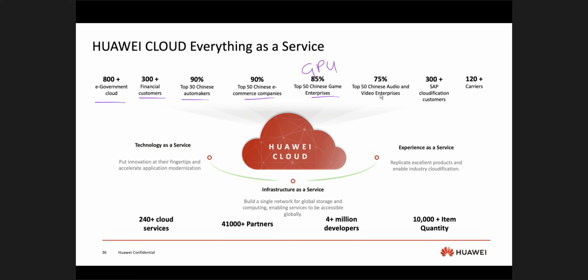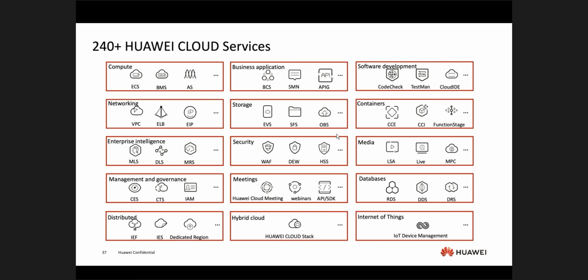You have audio and video enterprises. You have SAP, ERPs, and also planes that use the cloud to send information while they travel. So that's how the cloud operates. In this case, this is just the model showing how Huawei operates with their cloud. So there you have, I said 200, there's 240.